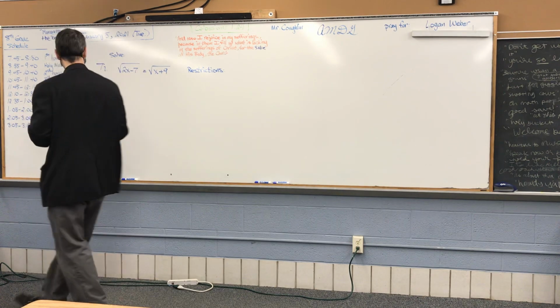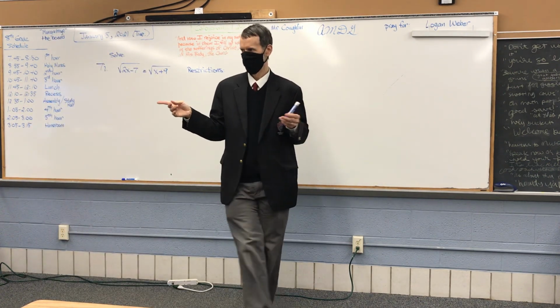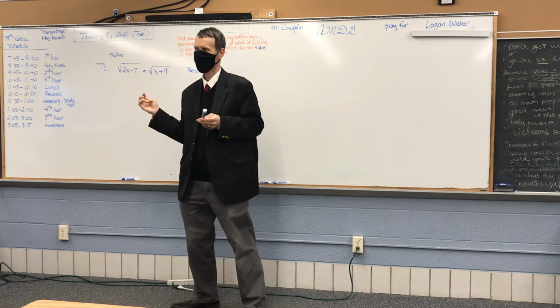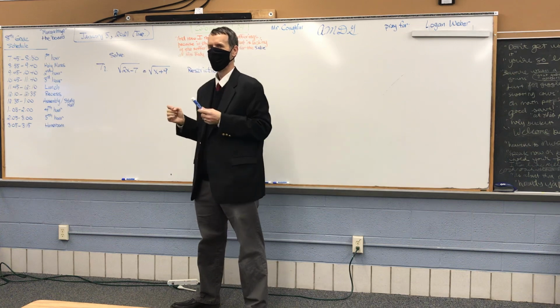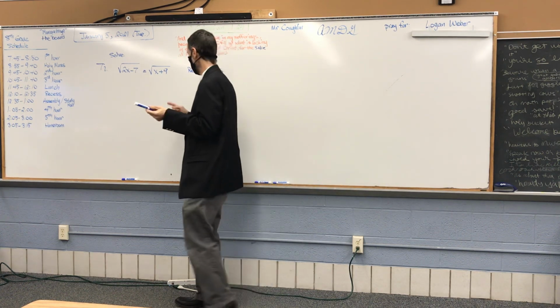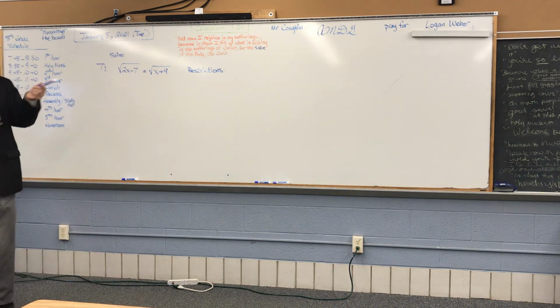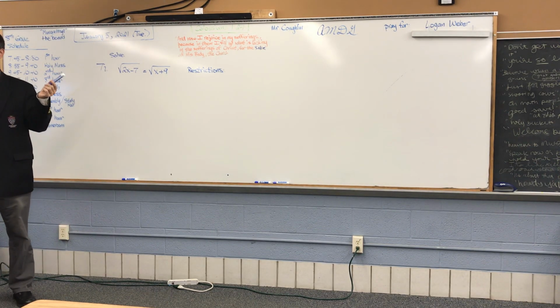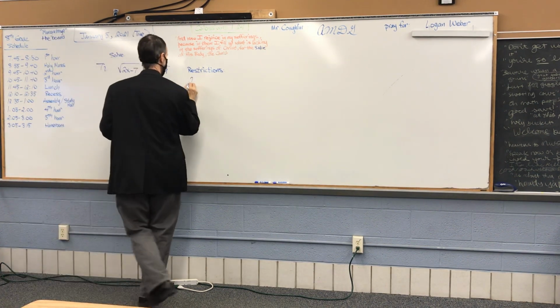What kind of number can you not square root? Negatives. So how do you restrict these? We just did an example up there that I erased, I'm sorry. 2x minus 7 is greater than or equal to 0.